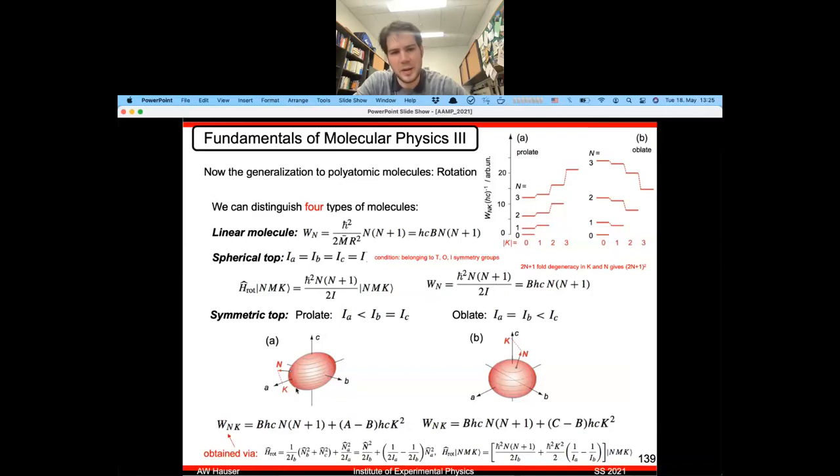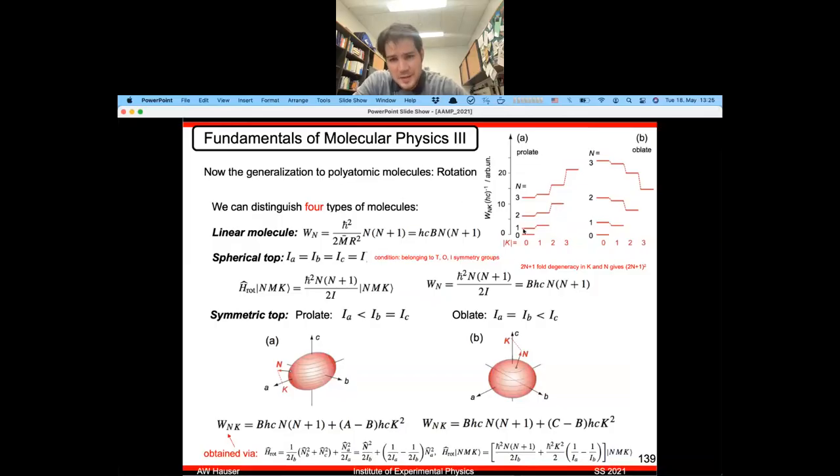So we are in this prolate case here. K is, for example, in this first row 0. In the second one, it's 1. In the third row, it's 2. So this would be, for example, a rotational state where N equals 2 and K equals 2.